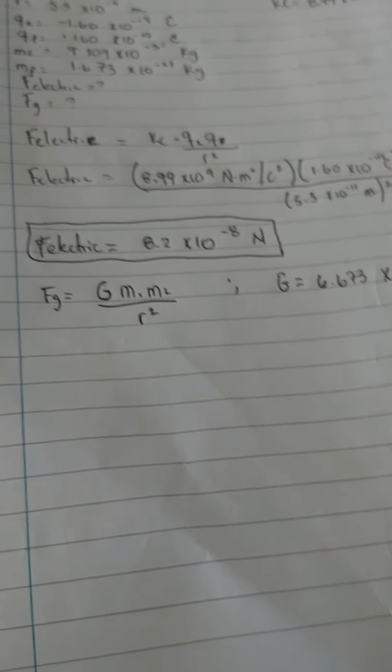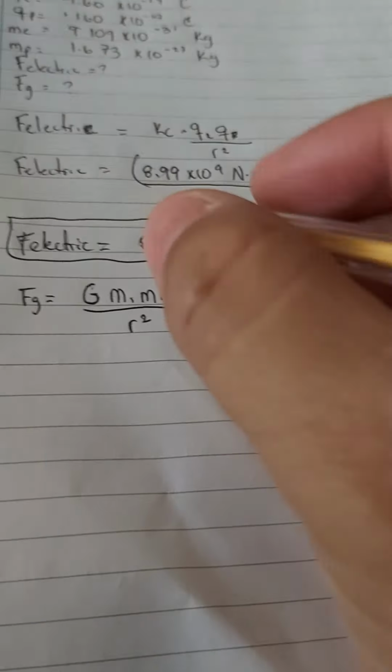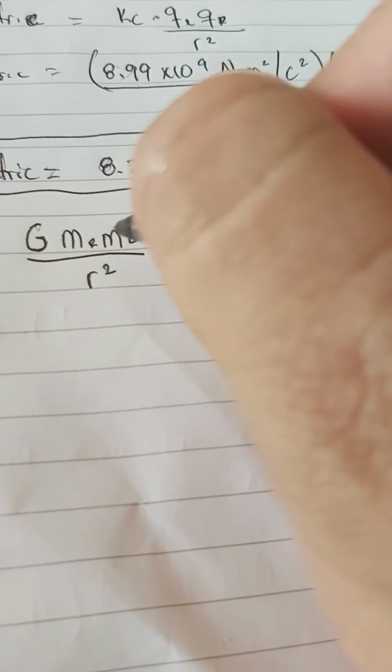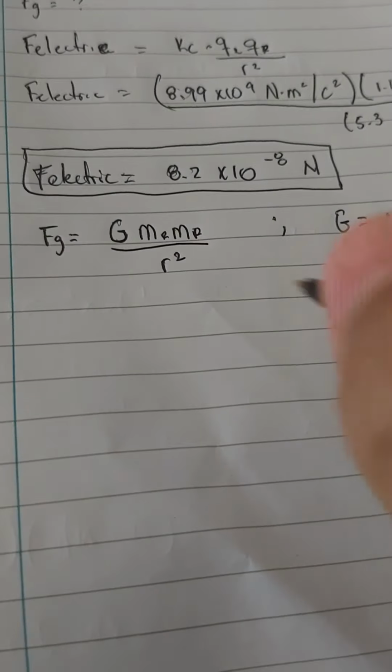So now all we have to do is substitute. Instead of writing mass 1 and mass 2, we can put mass for the electron and mass for the proton.